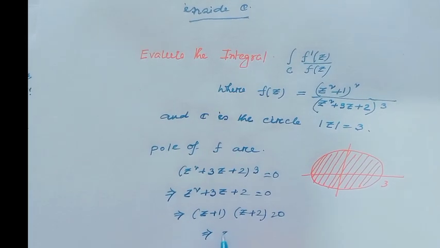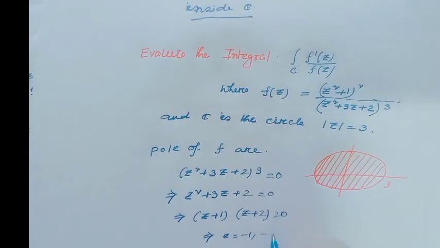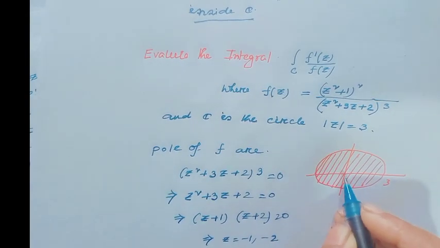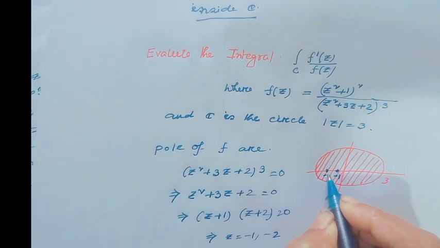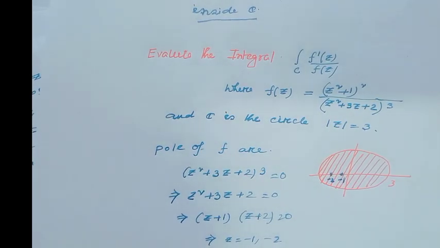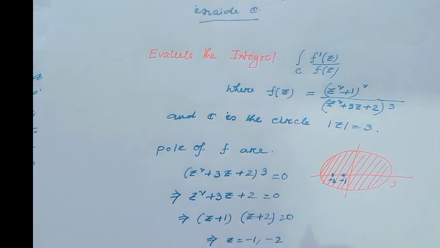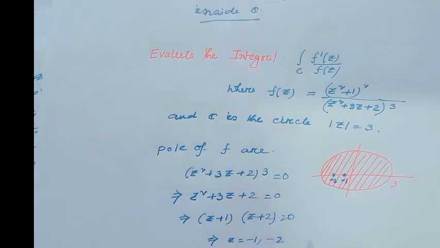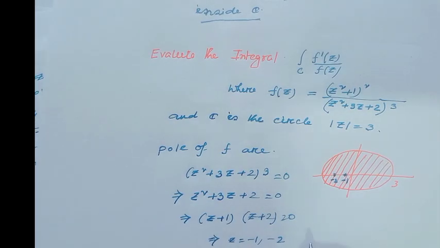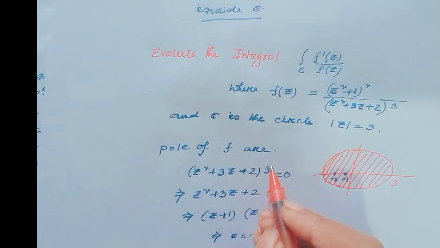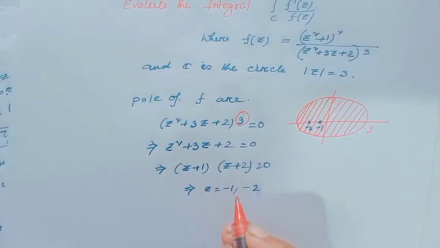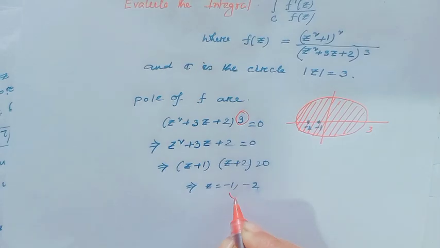That implies z equal to minus 1 and minus 2. Here minus 1 and minus 2 lie inside the circle. That means the poles lie inside the circle, and the order, the multiplicity of each pole, is 3.